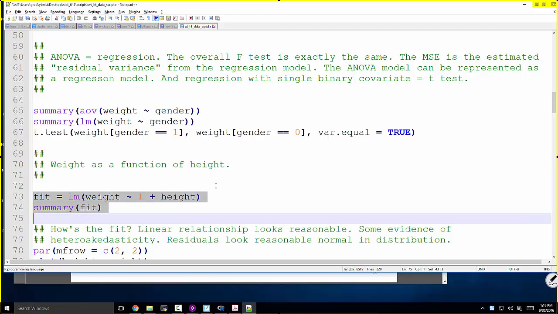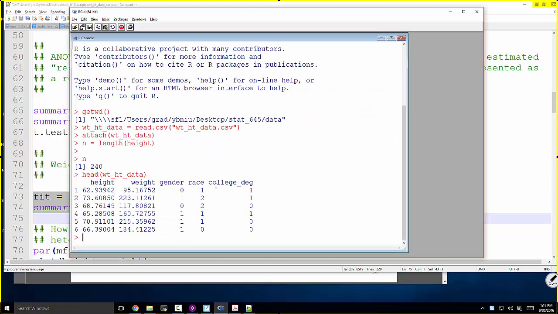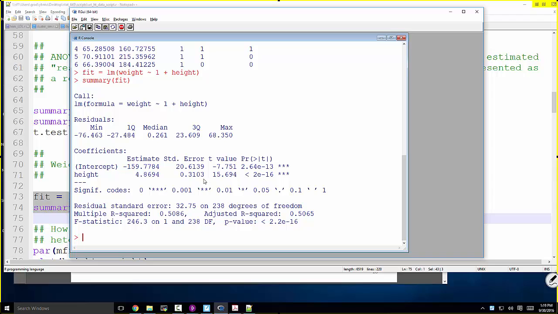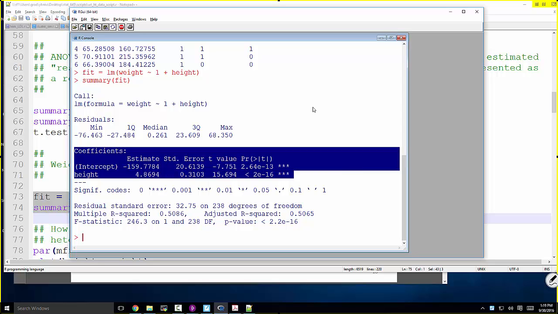If you do summary of the fitted object, you get coefficient estimates, standard deviations, and p-values. This is standard output from a linear model. The piece where most of the action is here tells us in the first column the estimate of beta 0 and the estimate of beta 1.